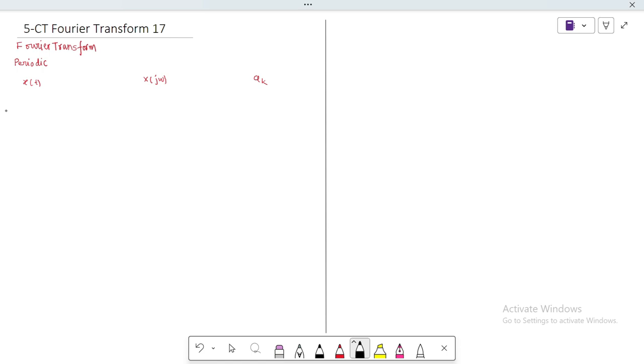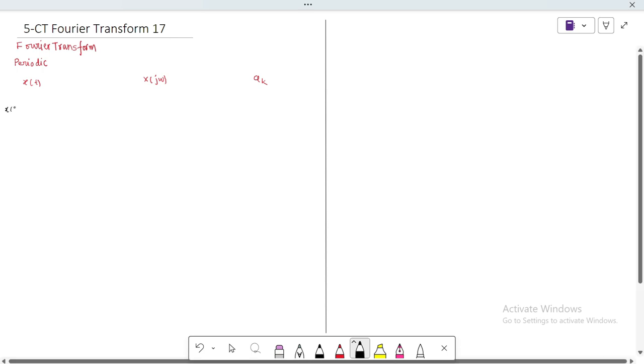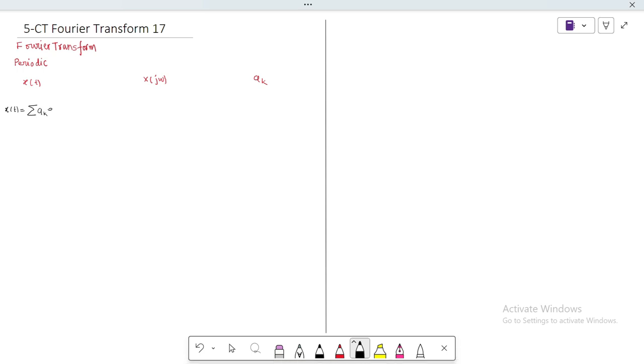For the first, for example, one periodic signal, that is x of t equal to sigma ak into e power jk omega naught into t, k from minus infinity to plus infinity. So this is a periodic signal, and its Fourier series coefficients are ak.